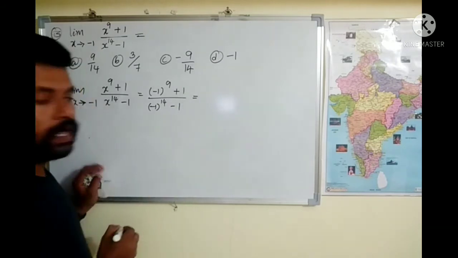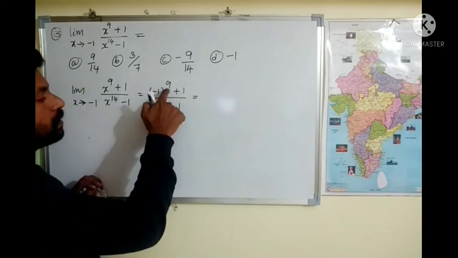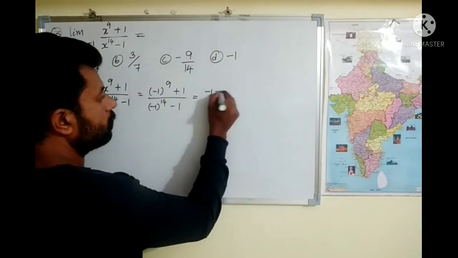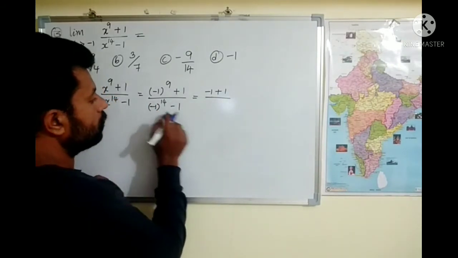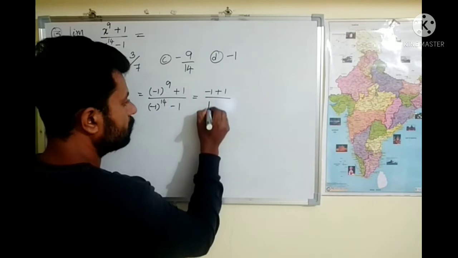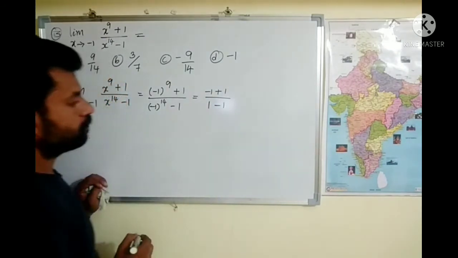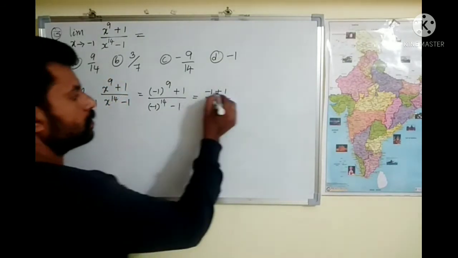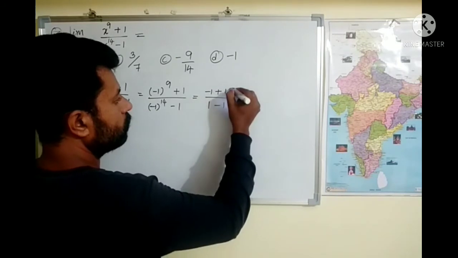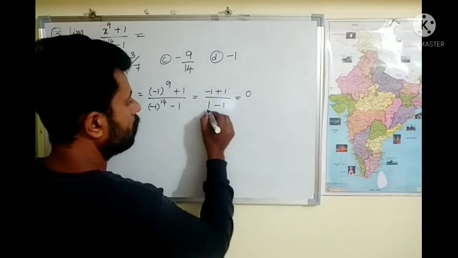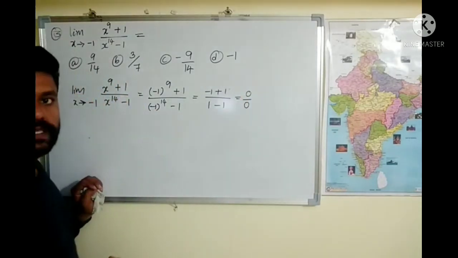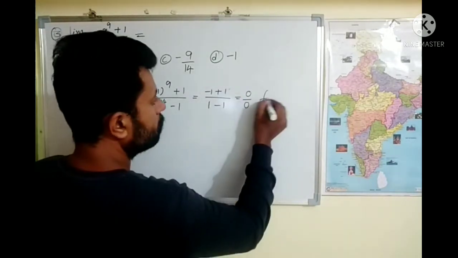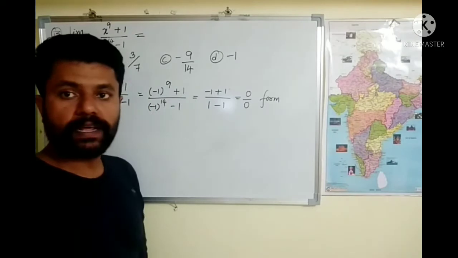Minus 1 to the power 9 is odd, so we get a negative sign: minus 1 plus 1. In the denominator, minus 1 to the power 14 is even, so we get plus 1 minus 1. Now simplify: minus 1 plus 1 cancels, we get 0. In the denominator plus 1 minus 1 cancels, we get 0. So it is a 0 by 0 form, which is an indeterminate form.